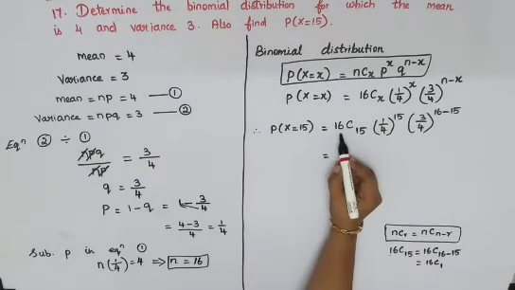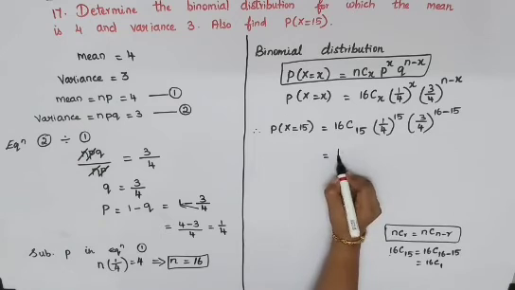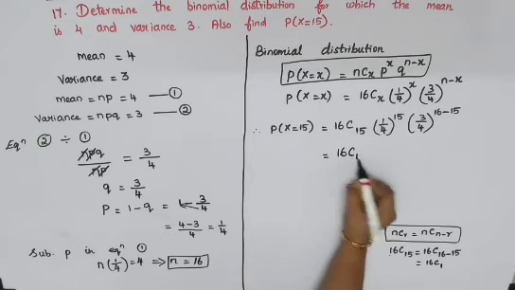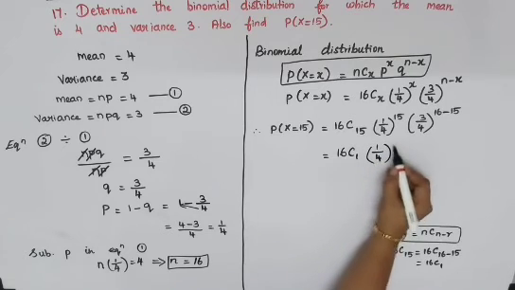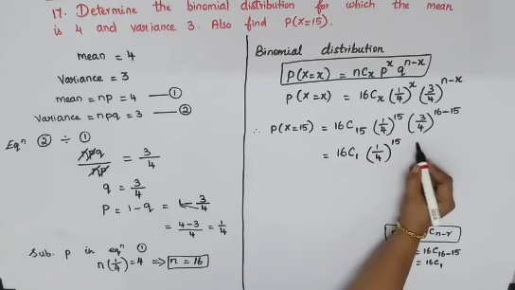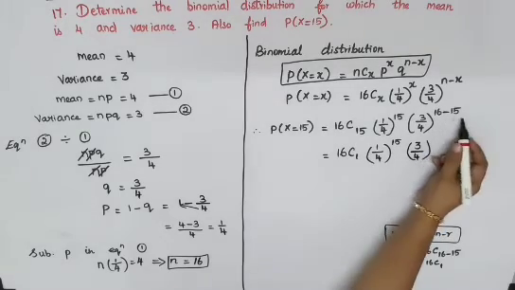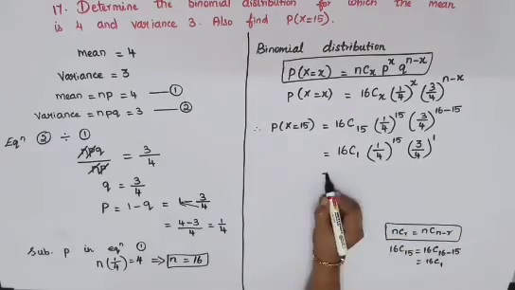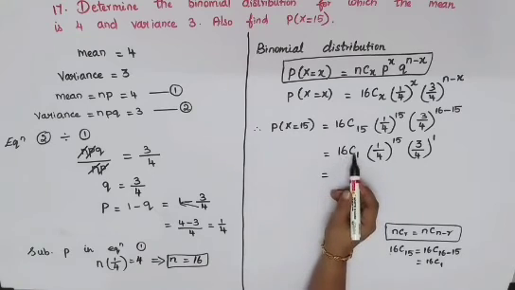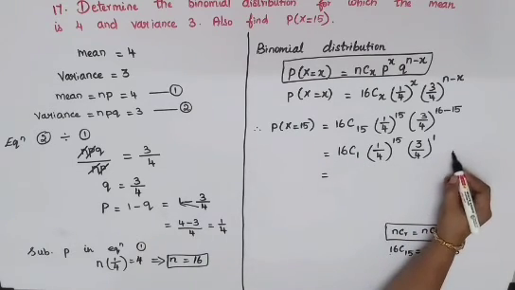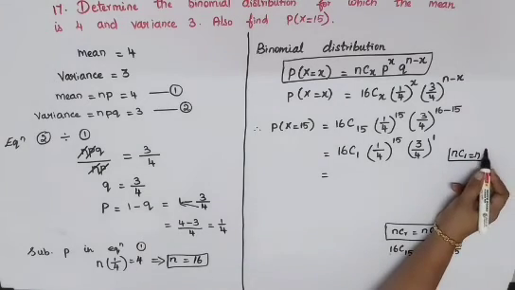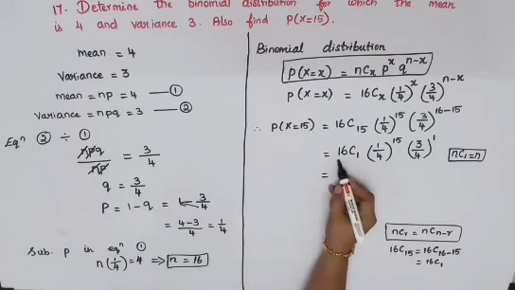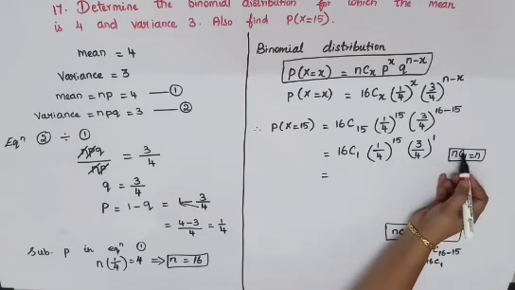So I'll just write here, instead of 16c15, 16c1, and this is 1 by 4 power 15, and here it is 3 by 4 power 16 minus 15 to become 1, equal to 16c1, that is NC1 is equal to N, we know. So you can use this formula, that is 16c1, NC1 is N.